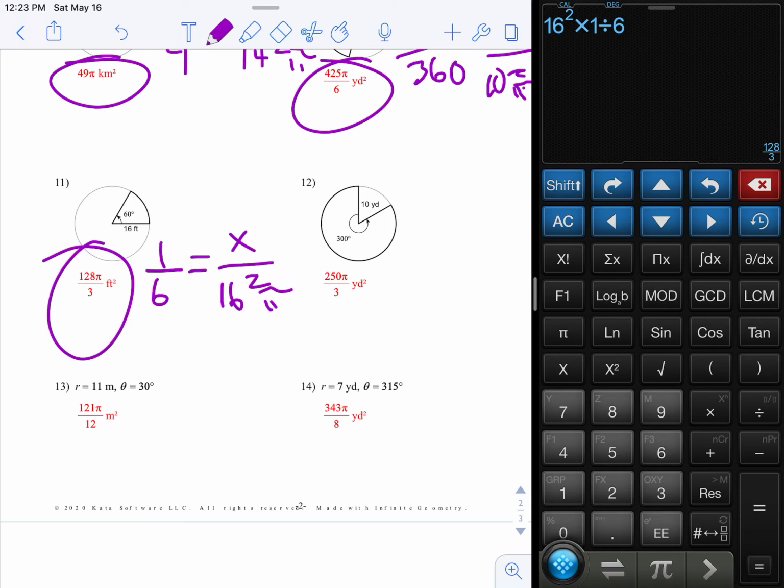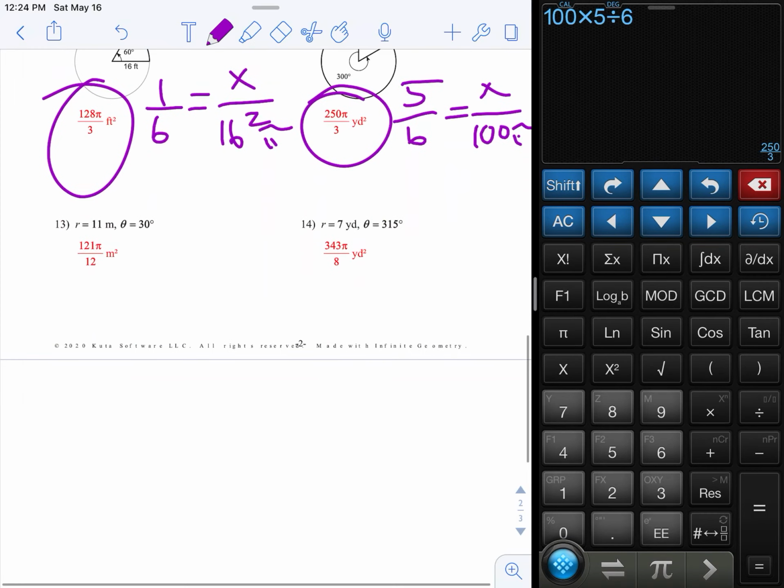Okay, 300 degrees is 5/6 of the circle. Okay, so 100 pi. I just squared that in my head. 10 squared is 100. Okay, so 100 times 5 divided by 6. Okay, make a fraction. With this calculator, it's just super easy.